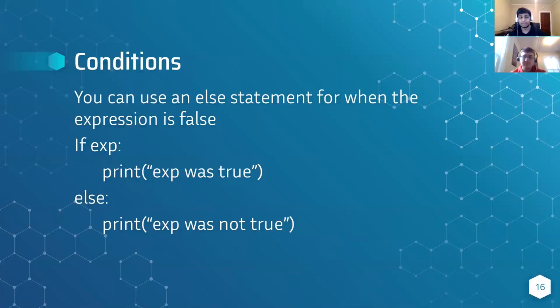So we look at this if statement to see what would occur. If the exp was true, then it would do the print statement exp was true. If exp was not true, it would do the print statement exp was not true. Only one of these two bodies of code will actually run. Only the first print statement or the second print statement, and never both.